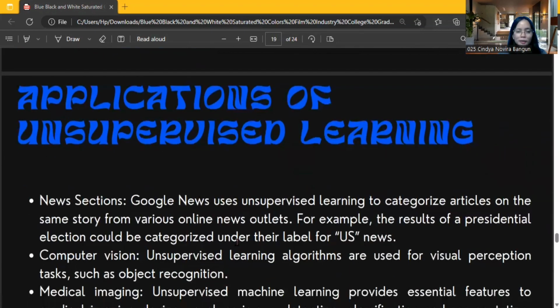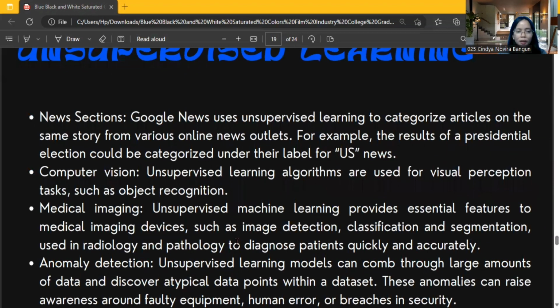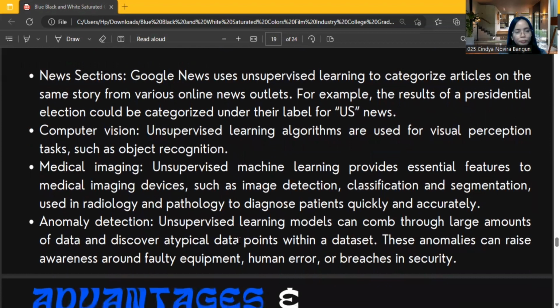Applications of unsupervised learning. 1. News section. Google News uses unsupervised learning to categorize articles on the same story from various online news outlets. For example, the result of a presidential election could be categorized under their label or as news. 2. Computer vision.